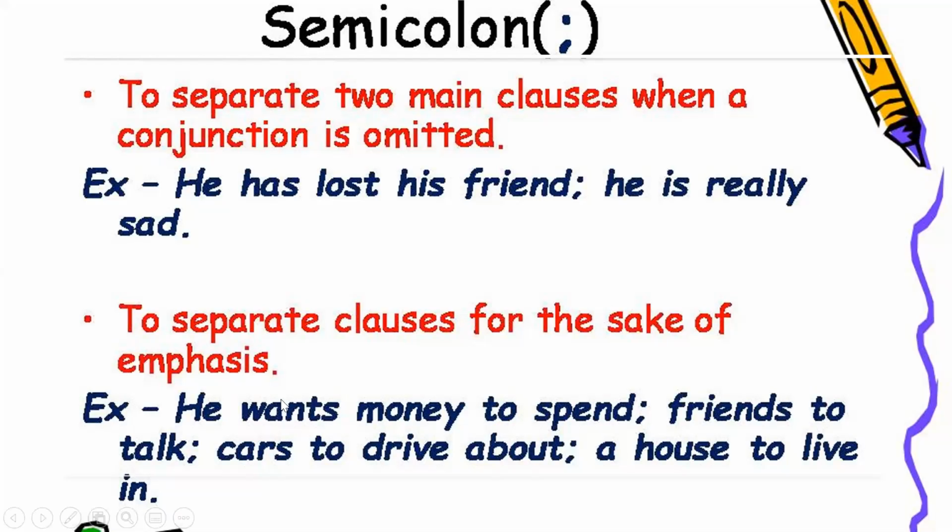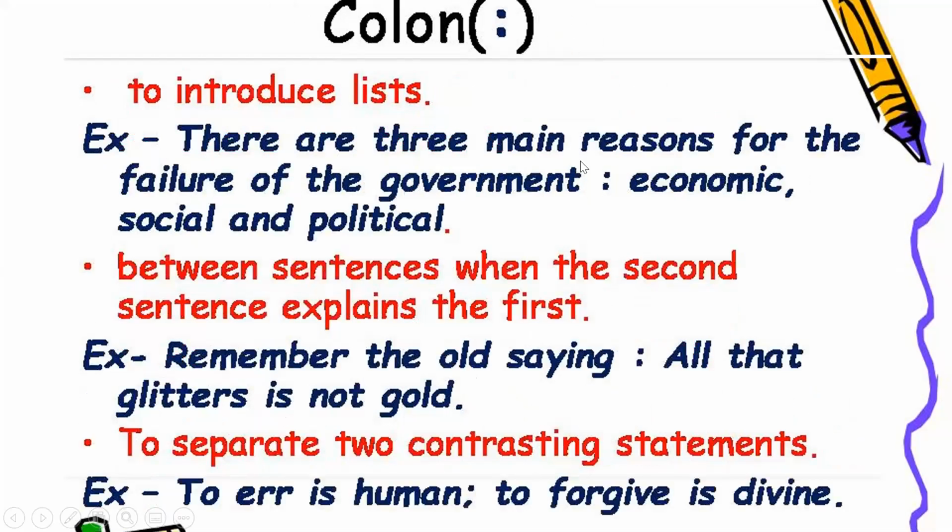But we are writing about all the things he wants. He wants what? Money to spend. It's not a single word. So we are continuing, so it's a longer pause. Friends to talk, cars to drive about, a house to live in. So these are all the things he wants. Therefore, we have separated it using a semicolon.